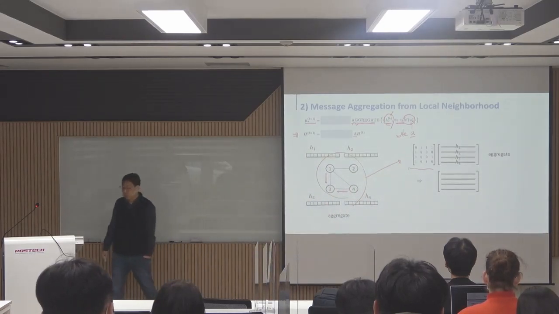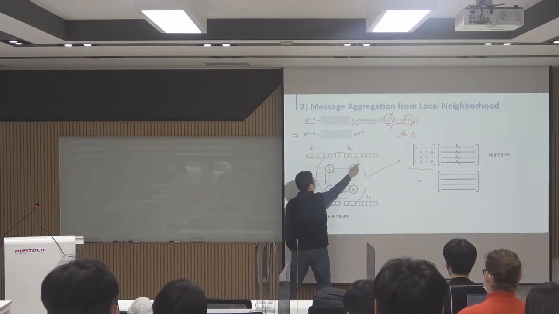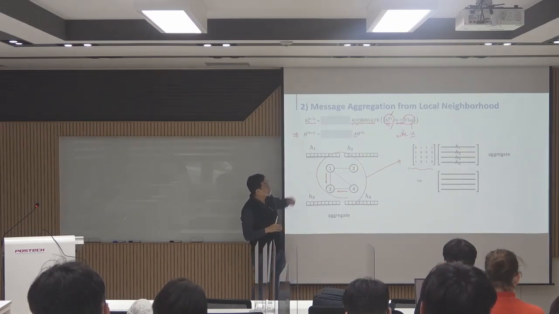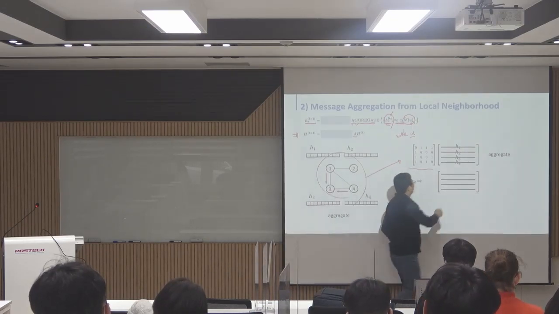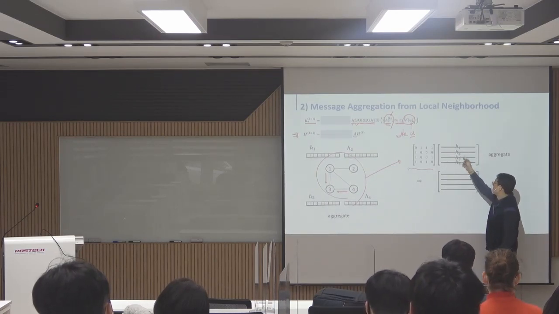Right? And we have 4 nodes, and these are the messages at the current kth iteration. So we have h of 1 and h of 2, and these are the transposed column vector, right?